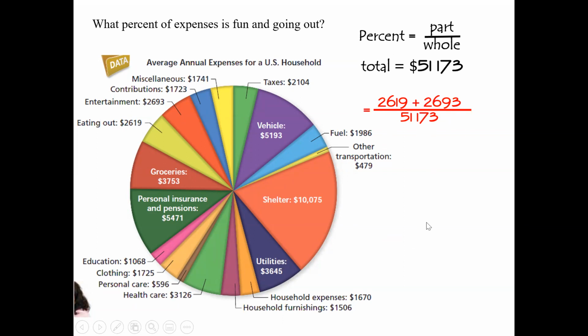That gives us 5,312 divided by the total, which is 51,173. And that comes out to 0.1034. Move over the decimal 2 places. And the 3 is too small, so we don't change it. It is 10%. So we spend 10% going out and having fun.